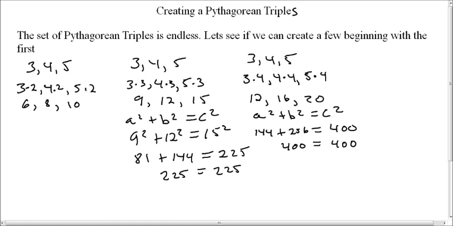These are some Pythagorean triples, and we can scale these by any positive integer, as long as it's greater than 1, and guess what? We will get a different set of Pythagorean triples, and that will definitely help us in creating them.